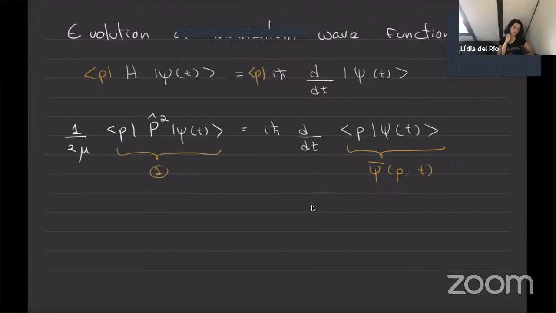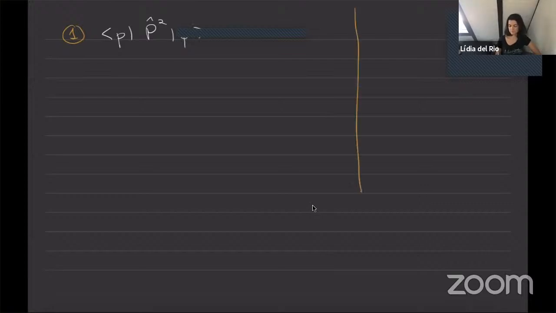And we're going to use exactly the same trick as before. So this was number 1. We need to solve this: P squared psi. I'll omit the dependence in time for now, for simplicity. And what we know is this one, when we have only one p operator.